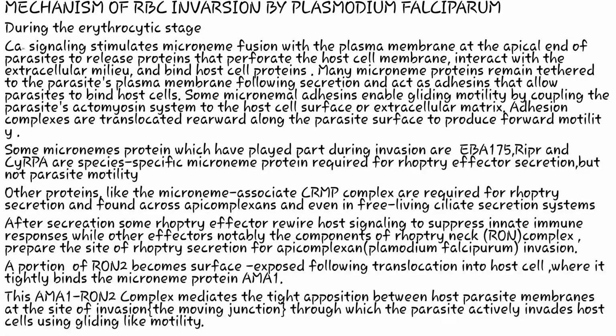So once AMA1 forms a complex with RON complex number 2, they mediate the tight junction apposition between the host and parasite membrane. How does that happen?